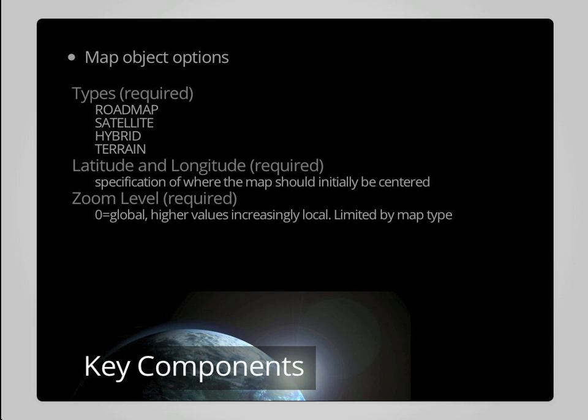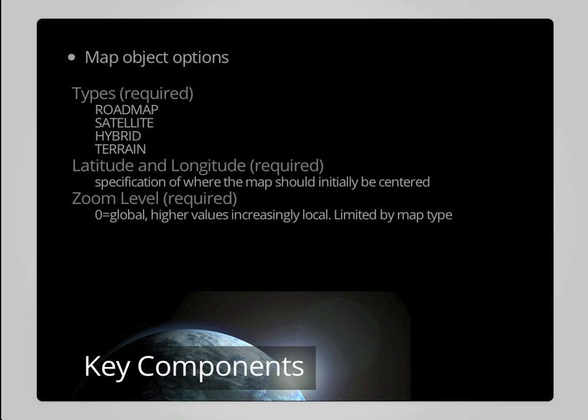Finally, you're also required to provide a zoom level, and this defines how near or far to that defined latitude and longitude, from the perspective of map scale, the initial map image is located.